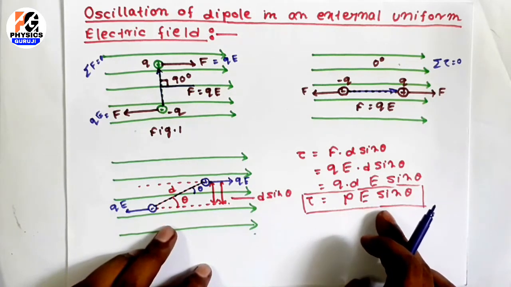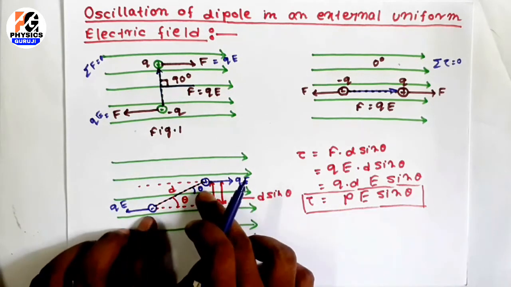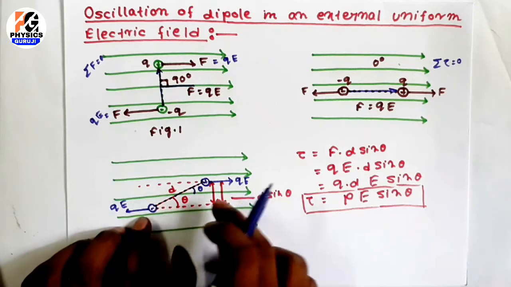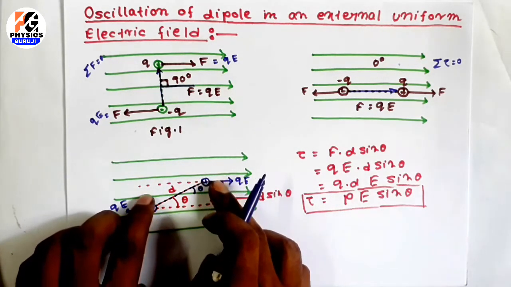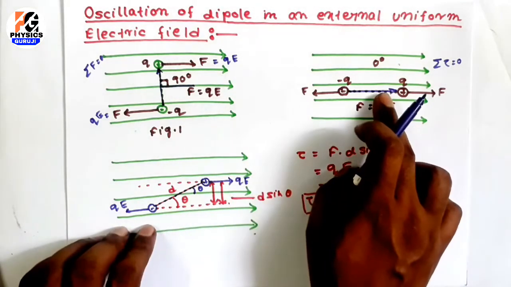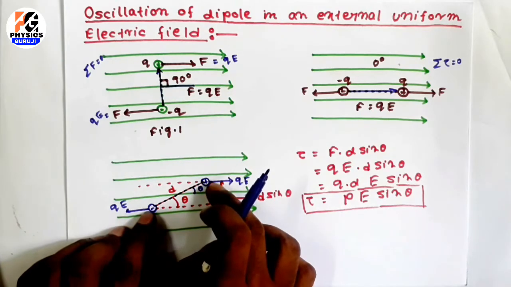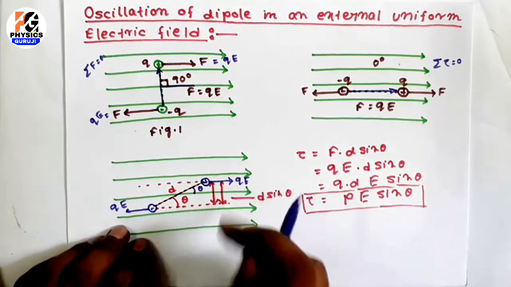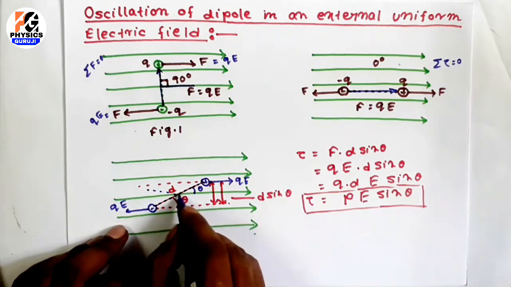Now as you rotated the dipole by an angle theta, these two forces together will again try to rotate the dipole to its original position. But because of the masses of the two charges, they gain kinetic inertia, inertia of motion, and will go to the opposite direction and align in this position.